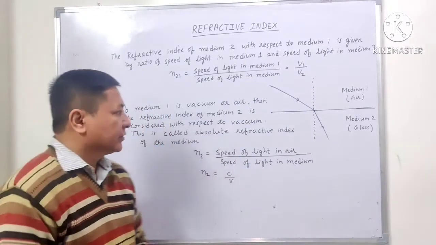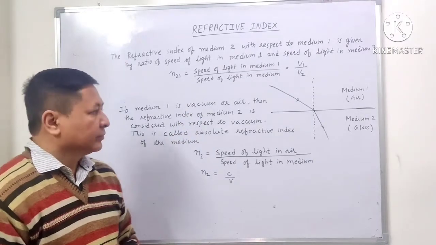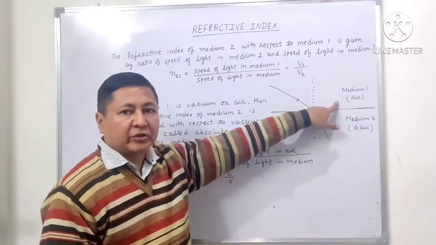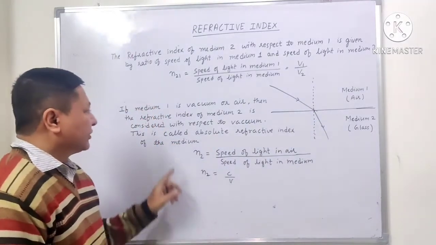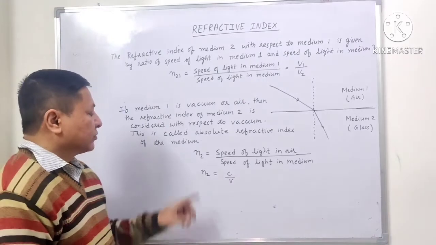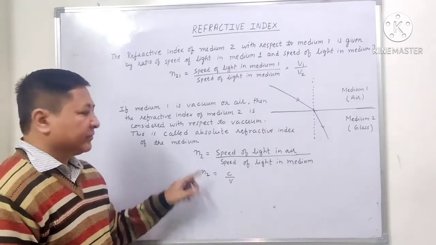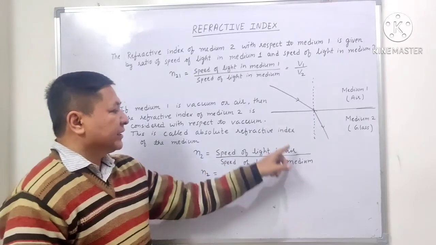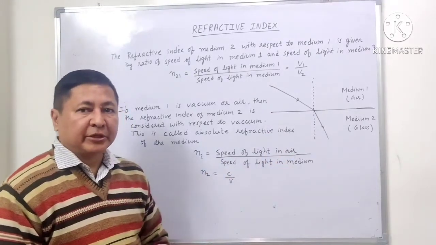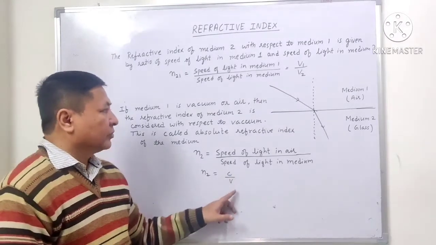Now if we take medium 1 as vacuum or air, in that condition it is also known as absolute refractive index. So in that case, the refractive index of the second medium, that is the absolute refractive index, will be the speed of light in air to the speed of light in the medium, which is denoted by the formula n2 equals c upon v.